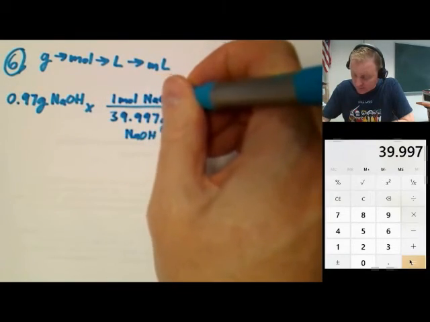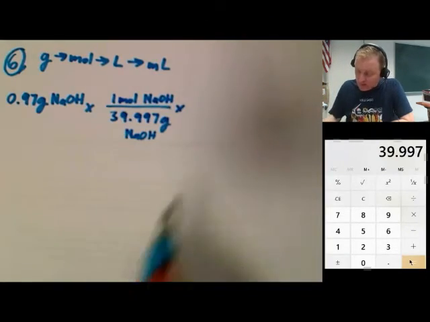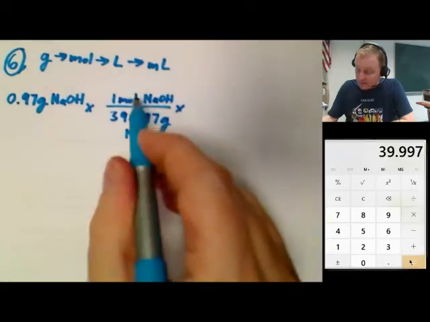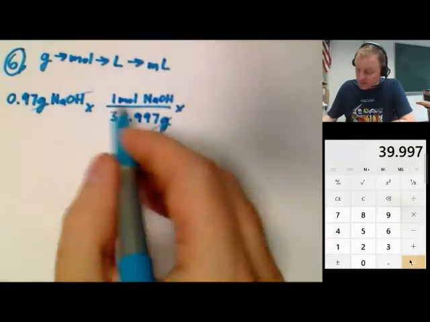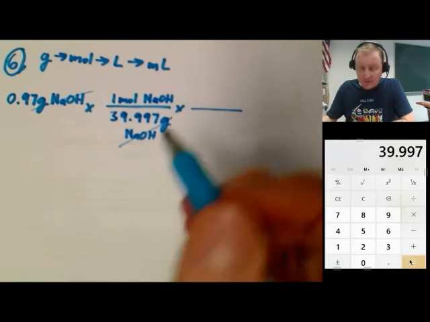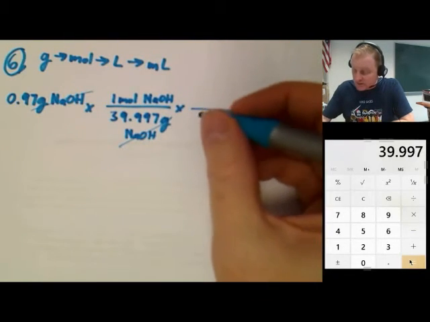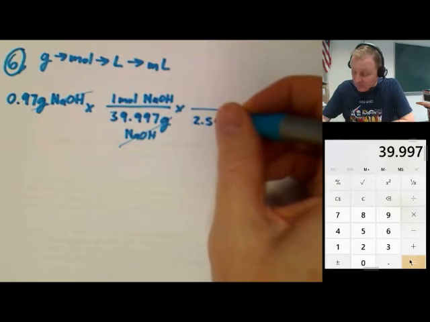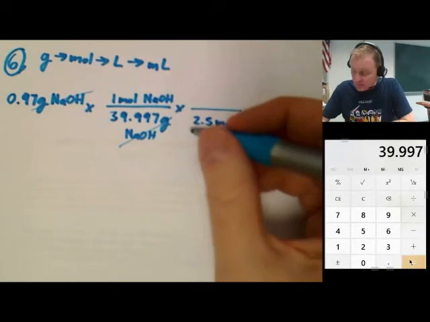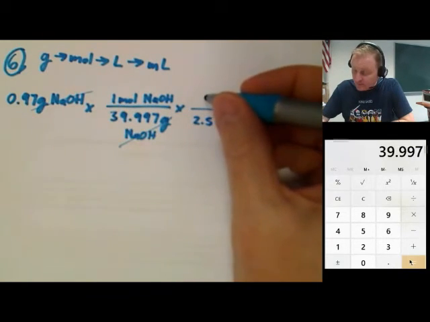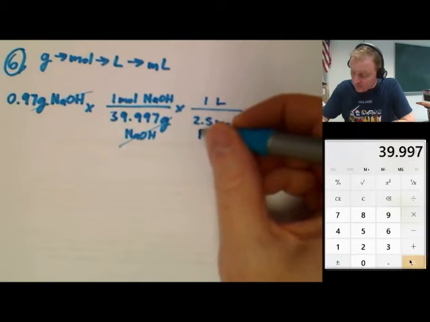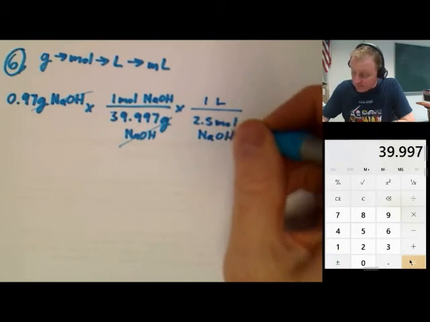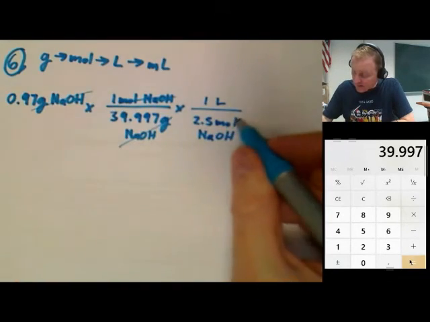Now I'm going to use the molarity to convert, so grams of sodium hydroxide are gone. I'm in moles of sodium hydroxide. I'm going to use the molarity, which in the question says I've got 2.5 moles of sodium hydroxide for every 1 liter of solution. The moles of sodium hydroxide cancel with each other.